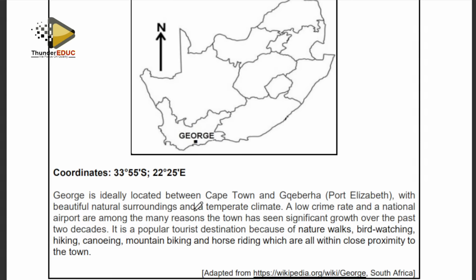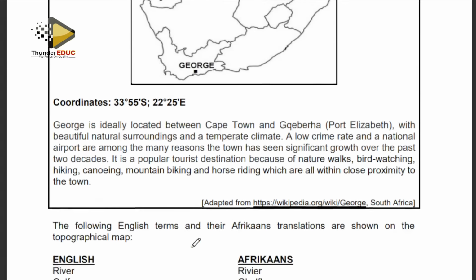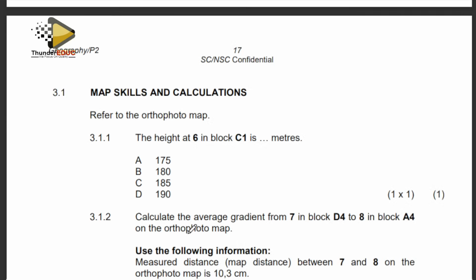It is a popular tourist destination because of the nature walks, bird watching, hiking, canoeing, mountain biking, and horse riding, which are all within close proximity to the town. All right, that is the information that is given to us.